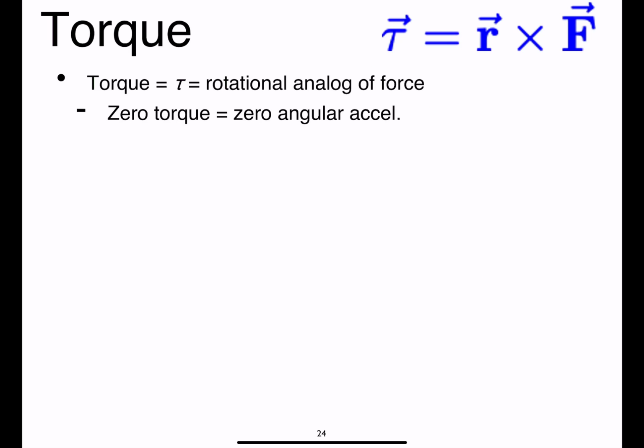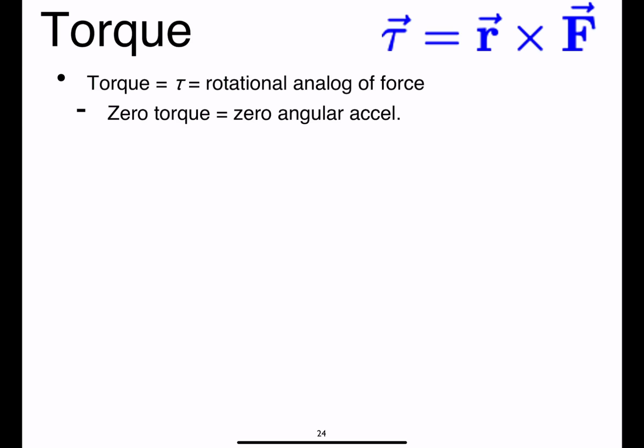The next one is the torque. Torque is a turning effect of a force. This is analogous to force in terms of rotation. So if you have a net torque equal to 0, that means the net angular acceleration is 0.